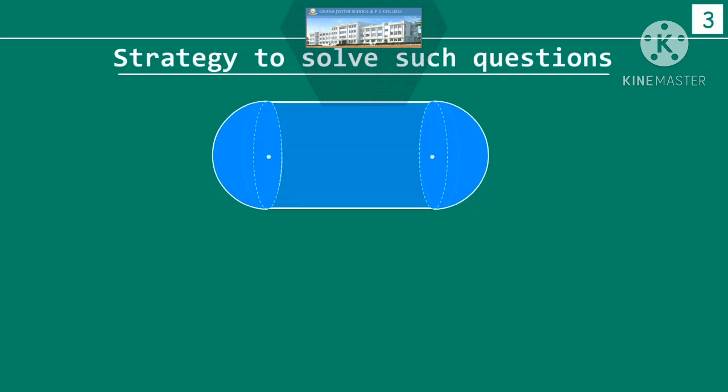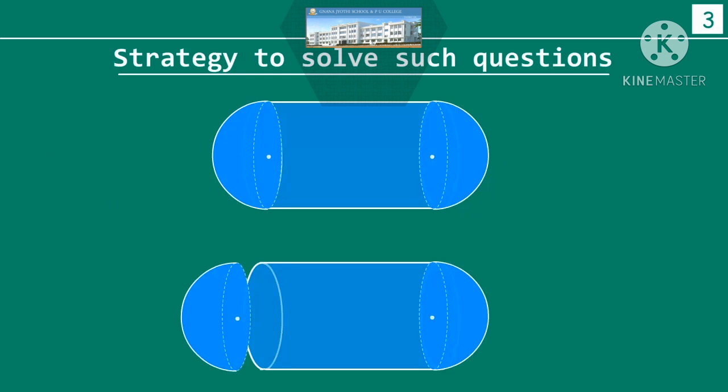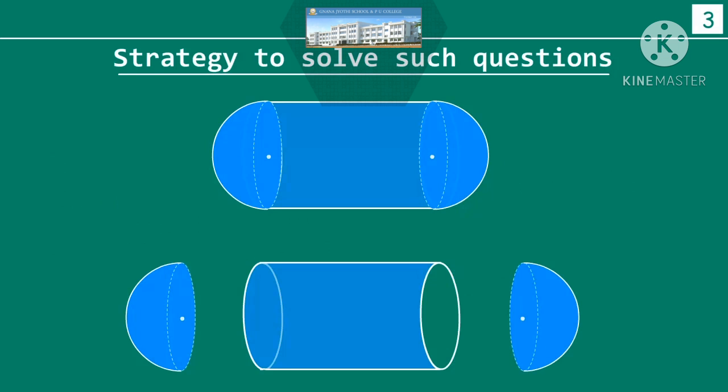Now I want to help you visualize. So this is a shape which is given to us. Whenever you get a question like this, visually you should be able to see that this can be broken out like this, and similarly this can be broken out like this. So essentially this shape is the same as this shape. That means this shape is made up of a cylinder.